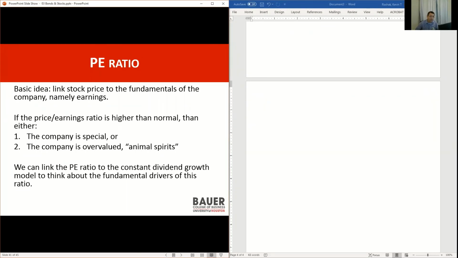If the PE ratio for Apple, for example, deviates from the PE ratio of Samsung, then either Apple is special. Apple is different than Samsung in some ways, even though they compete on a lot of the things. If the PE ratios are different, then something must be different about them.